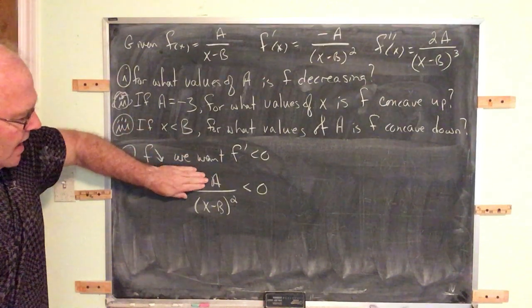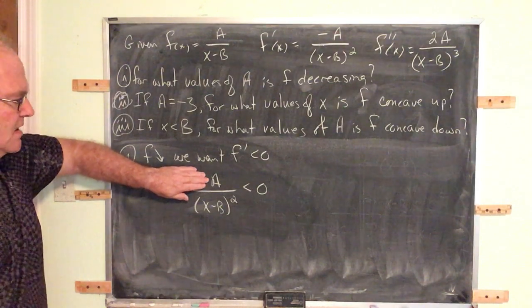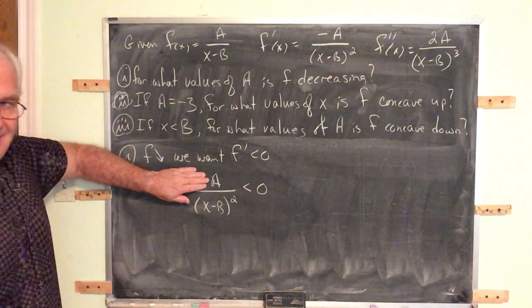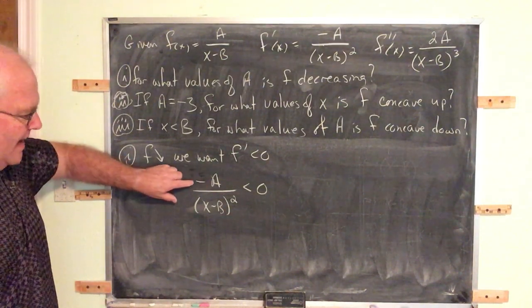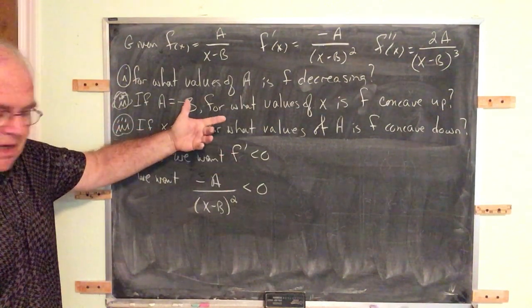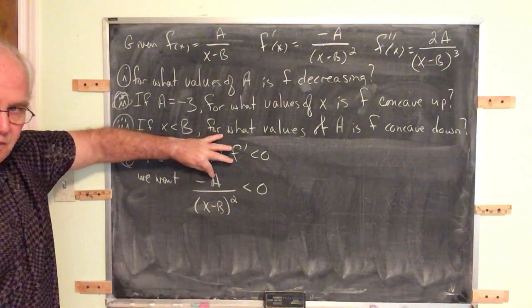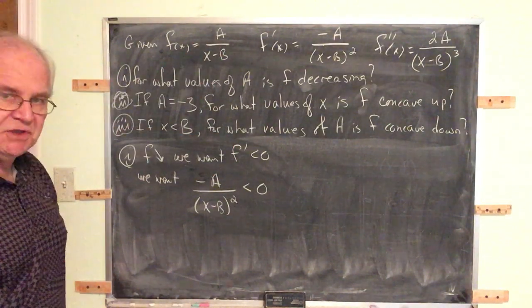But if a itself is negative 4, or if a itself is negative 10, then negative a becomes positive, and we have positive divided by positive. So this value would be positive or negative depending upon the specific choice we make for this original coefficient.